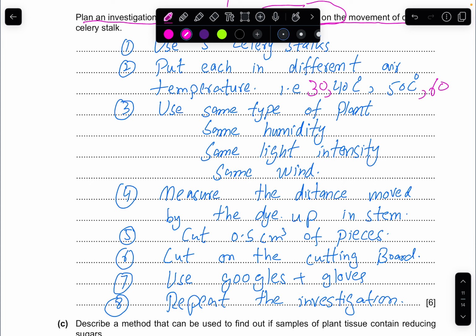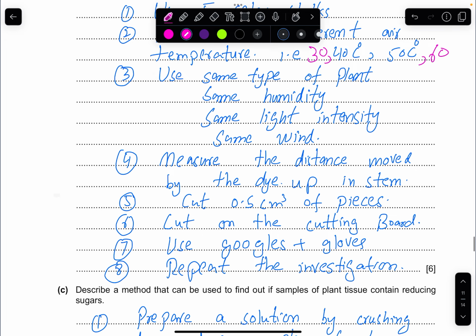And then we'll cut the pieces of celery, and the distance you can choose any, like I write here 0.5 centimeter cube, or maybe 1 centimeter cube or 2. And then, for safety, you must write a safety measure that we must take during our investigation, because we are cutting, so we must cut on the cutting board and must cut away from the body.